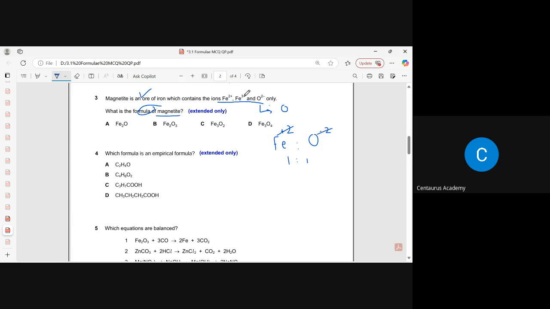Similarly, if you look at Fe3 plus and the oxide ion, how many iron ions would be required to balance the oxide? Yes, this should be 2 and this should be 3. The ratio becomes 2:3, right?